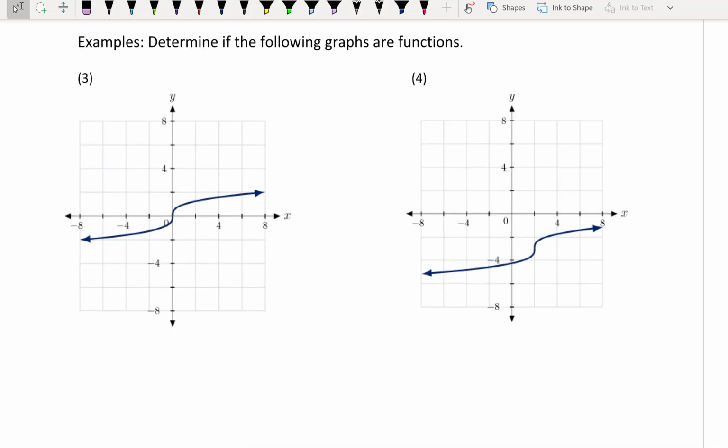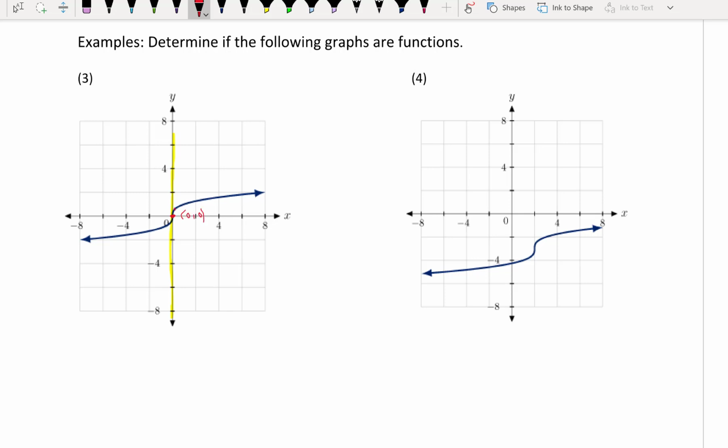Now we have some more graphs below. For number 3, if I were to draw a vertical line, let's say here on the axis, this would be 0, 0.